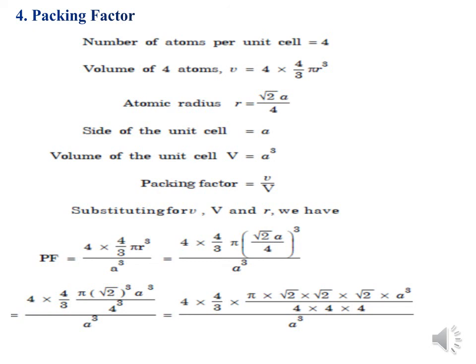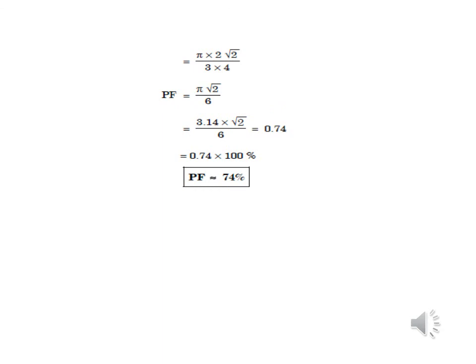Substituting this small v and capital V value, we have packing factor equal to 4 into 4 by 3 pi r cube divided by a cube, which is 4 into 4 by 3 pi into (root 2 a by 4) whole cube divided by a cube. We have to simplify this equation. After simplifying, atomic packing factor equal to pi into 2 root 2 divided by 3 into 4. Packing factor equal to pi root 2 by 6.